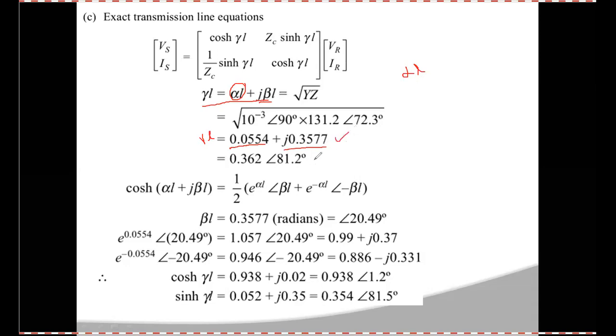If you express this in polar form, you get gamma L as 0.362 at an angle of 81.2 degrees. So this gamma value is a complex number.